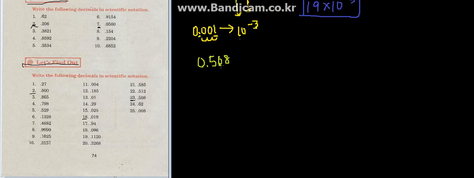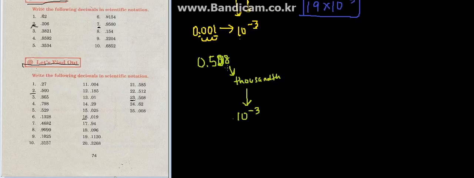So we have 0.508, which we'll read as 508 thousandths, because the 8, which is the last digit, is in the thousands place. And we have to find the exponential notation form of these thousands. And as in the previous example, it will be 10 to the negative third.